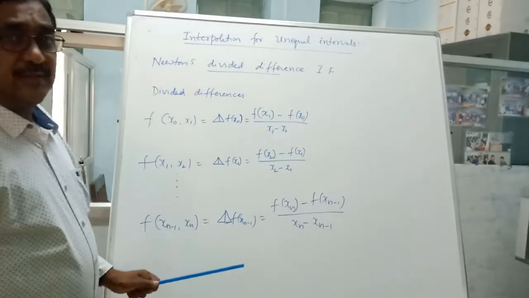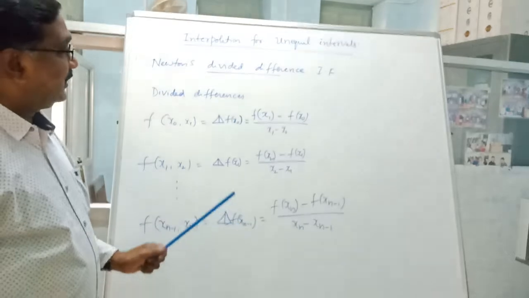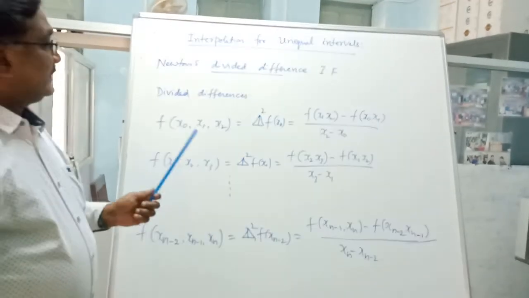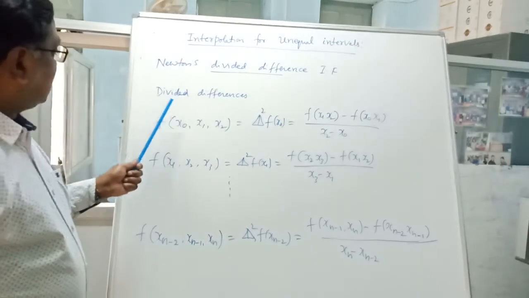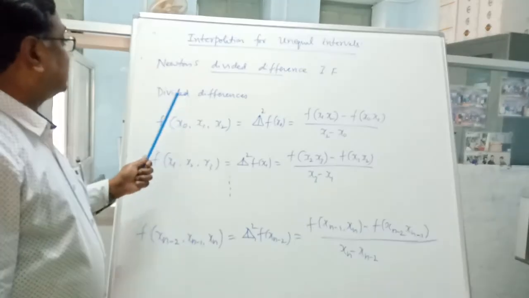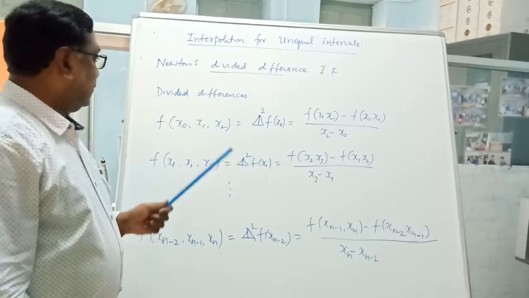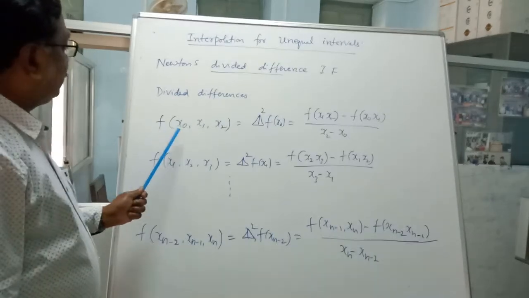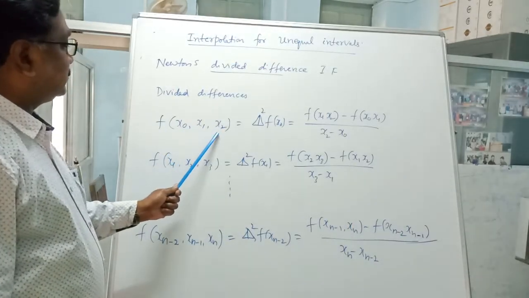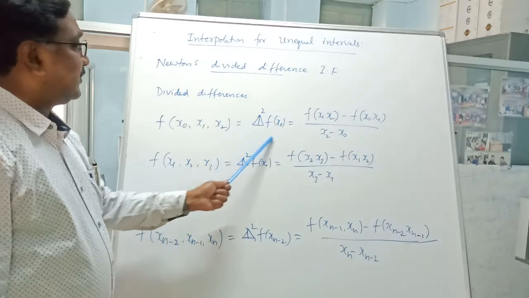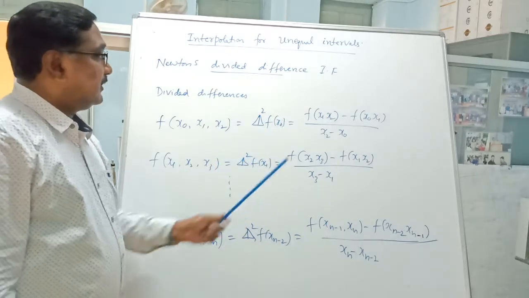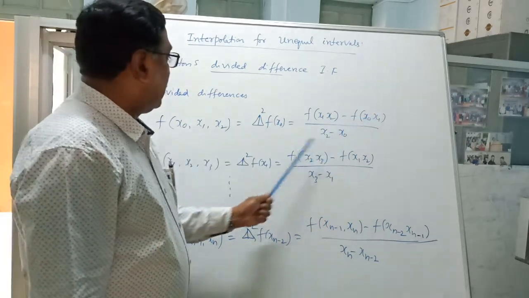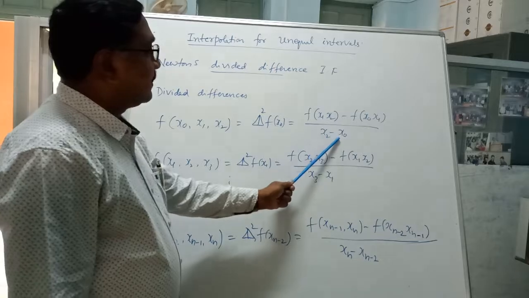Similarly, we can define the second divided differences. As with the first divided differences, the second divided difference is f of x naught, x1, x2, with the symbol delta square f of x naught. The definition is f of x1, x2 minus f of x naught, x1 divided by x2 minus x naught.